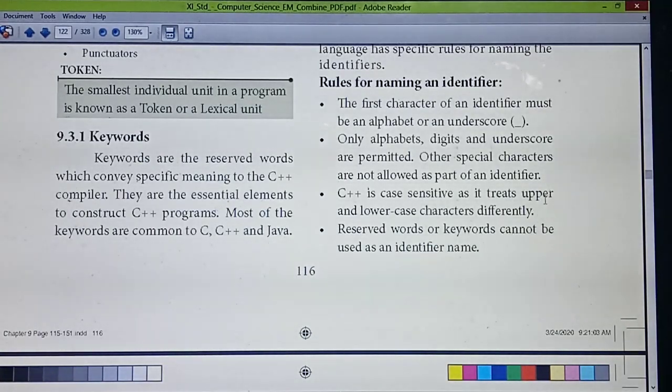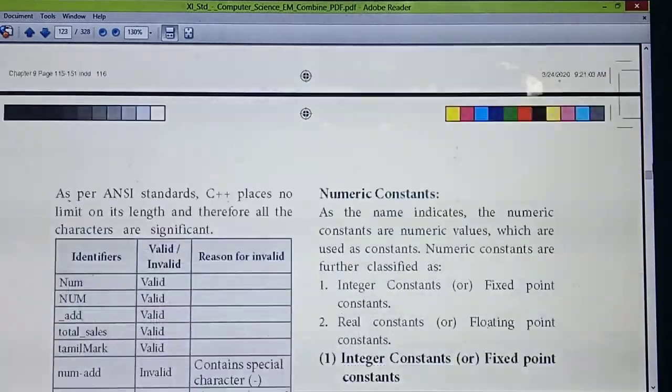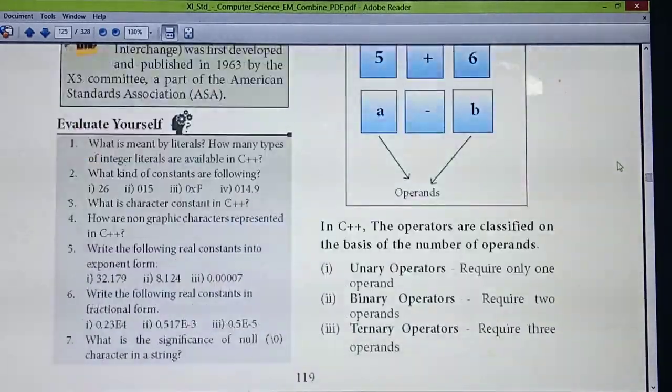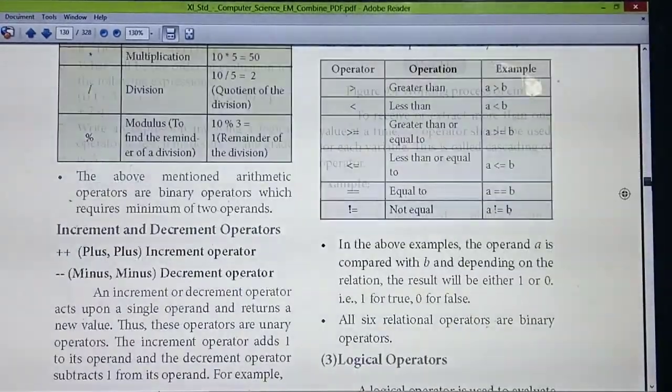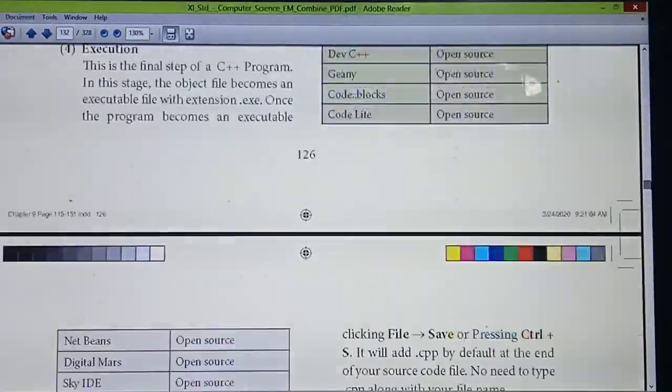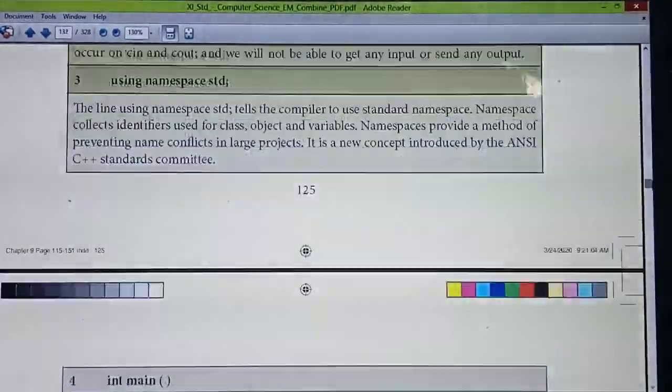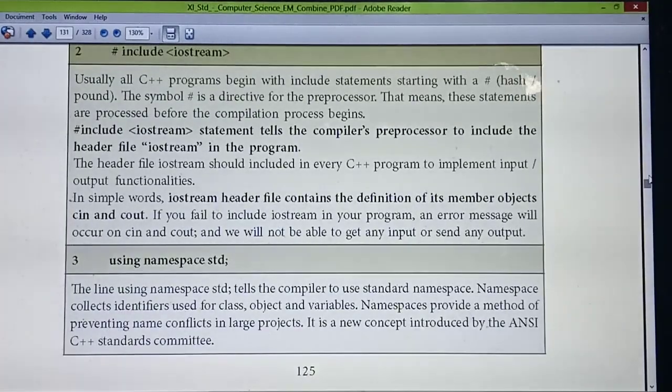Then fourth question, take page number 125. What is the use of header file?